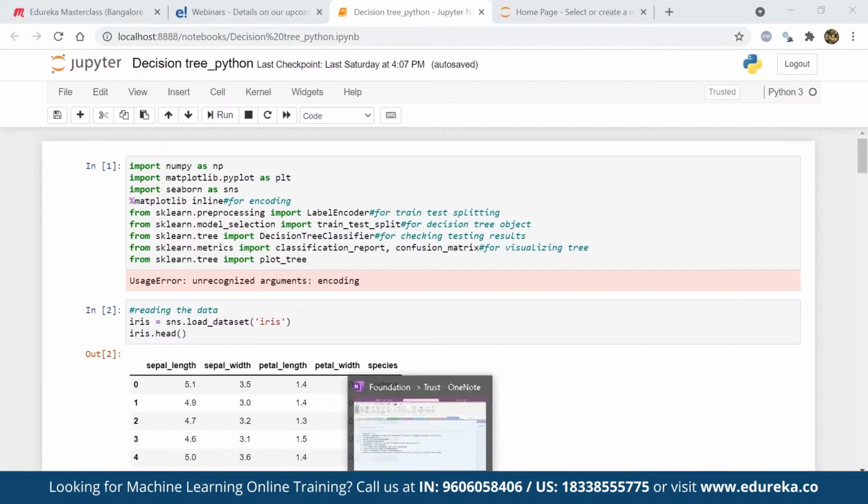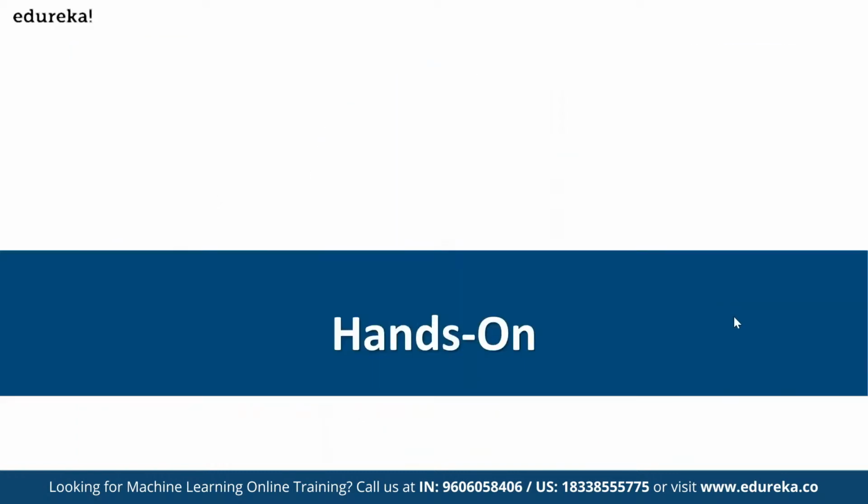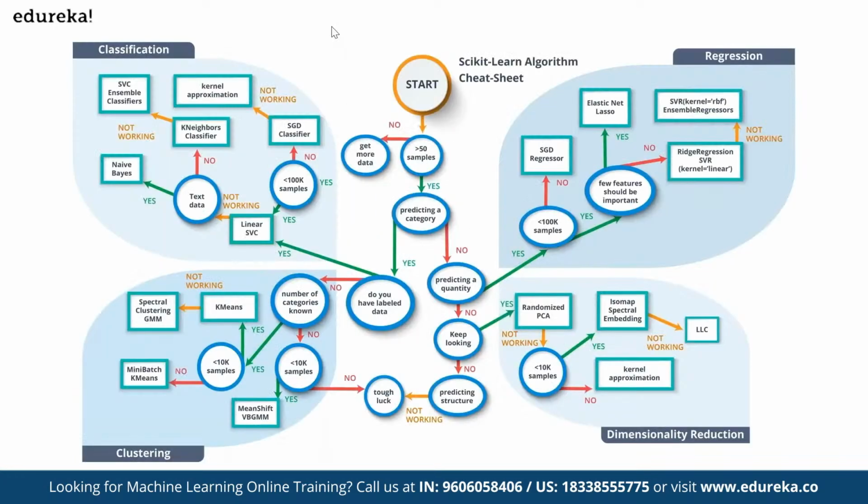So now, finally, going back, how would you decide which algorithm will be taken when? This is on the basis of scikit-learn, and it starts something like this. First of all, you see how many samples you have, how many data points in a data set.